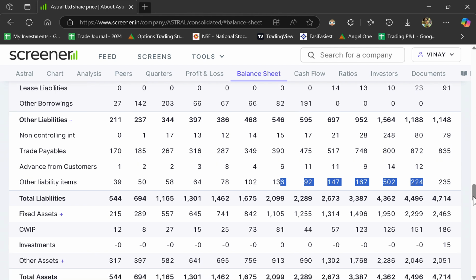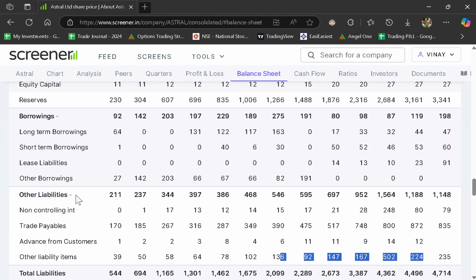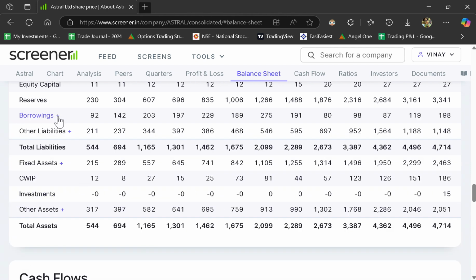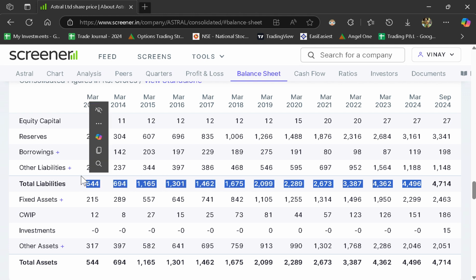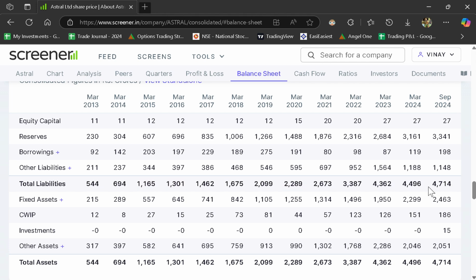So total liability is the sum total of all the previous rows. And as per the balance sheet rule, the liability and assets are equal. Then only the equation of the balance sheet becomes correct.